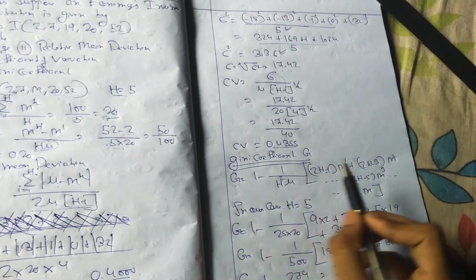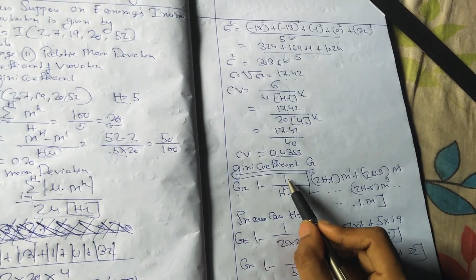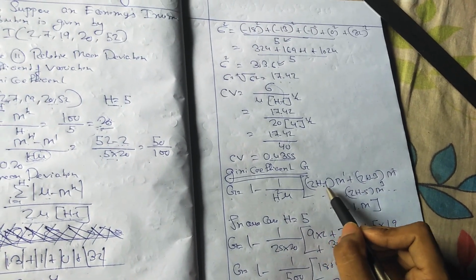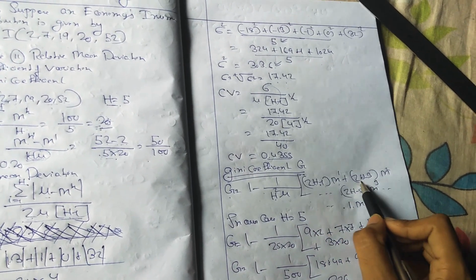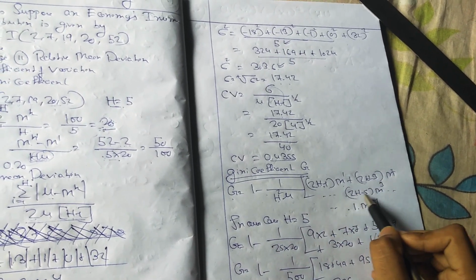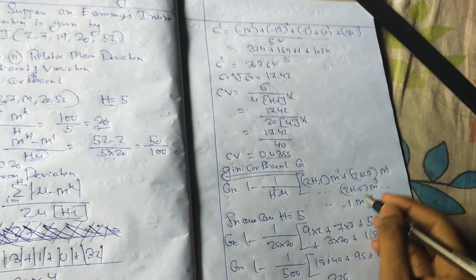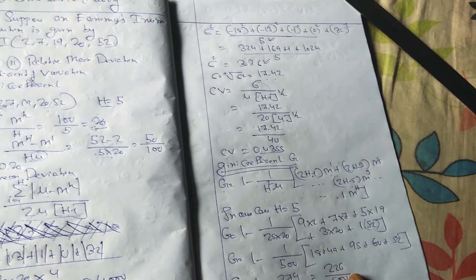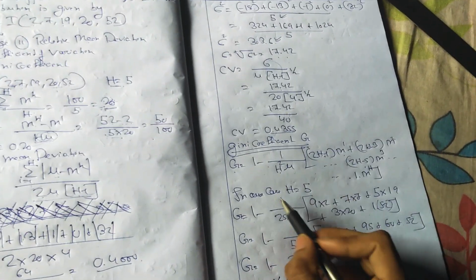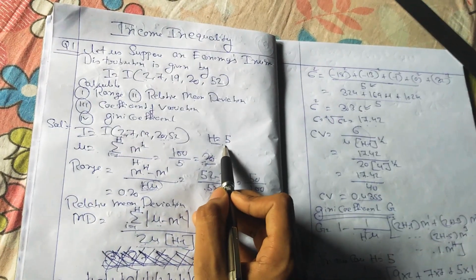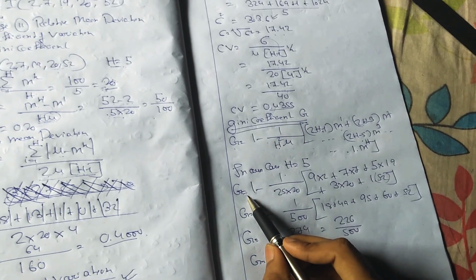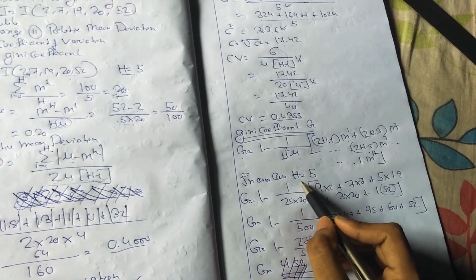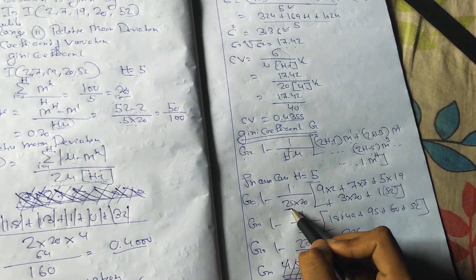The Gini coefficient formula is 1 minus 1 by H square mu, times (2H minus 1) m1, (2H minus 3) m2, (2H minus 5) m3, and so on up to m_H. In our case, H is equal to 5. So 1 minus 1 by 5 square, which is 25.